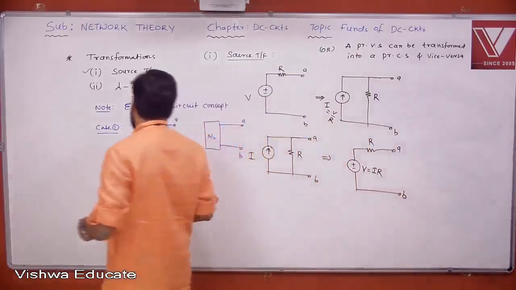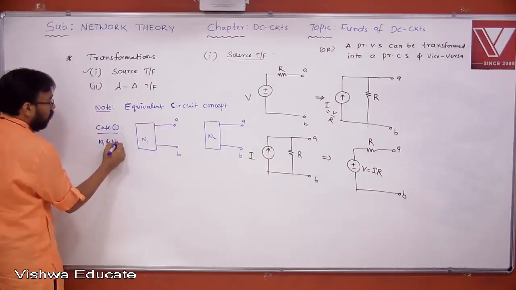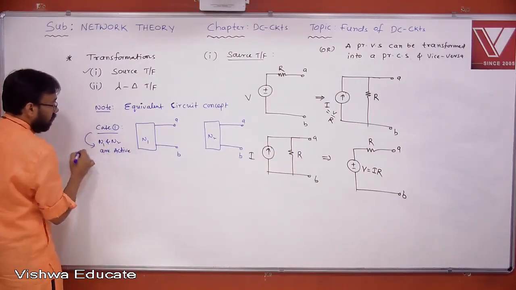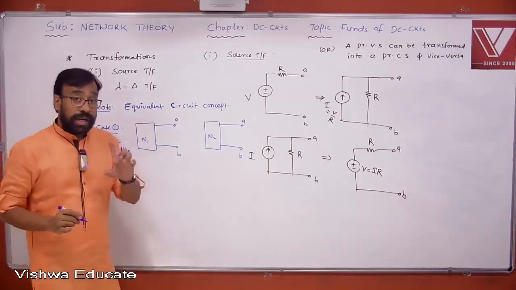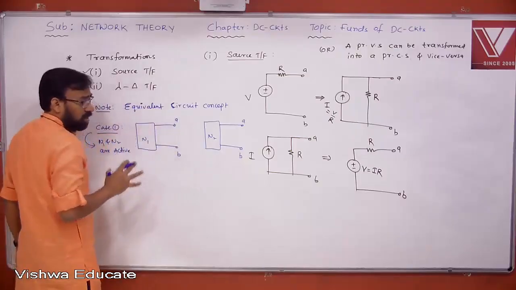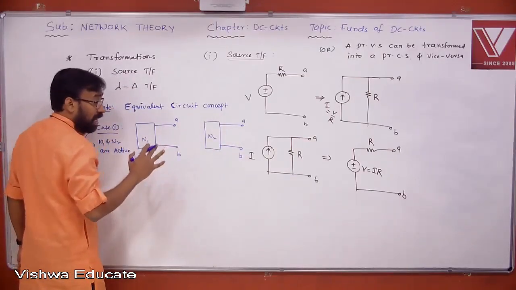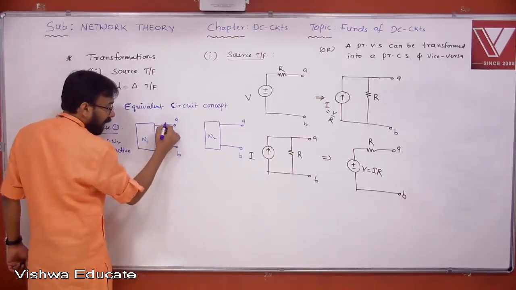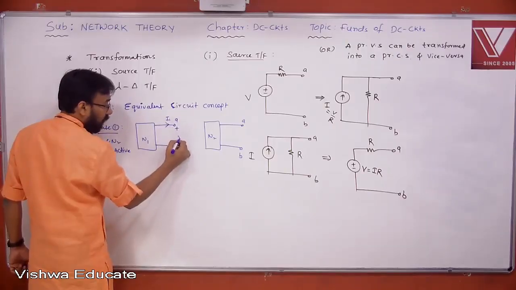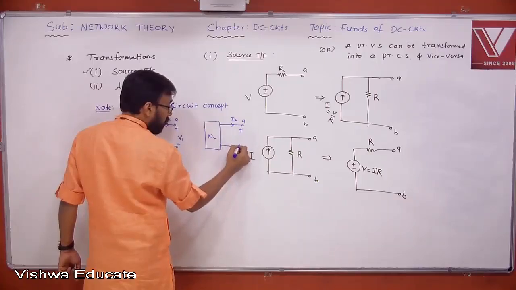Clear? Okay. Now, the two networks N1 and N2 are active. What is the first case actually here? The first case is that N1 and N2 are active networks, and these two are said to be equivalent if and only if the current I1, the voltage V1, let us say, the current I2, the voltage V2.